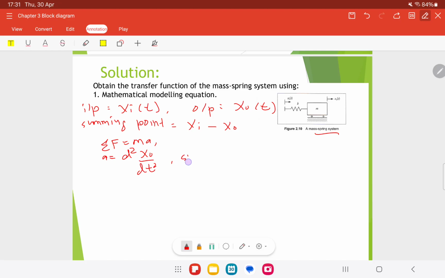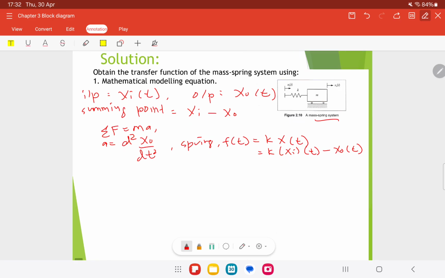For the spring in this system, F(t) is equivalent to k x(t). Now we have xi minus x naught here, so we substitute k times xi(t) minus x naught(t).